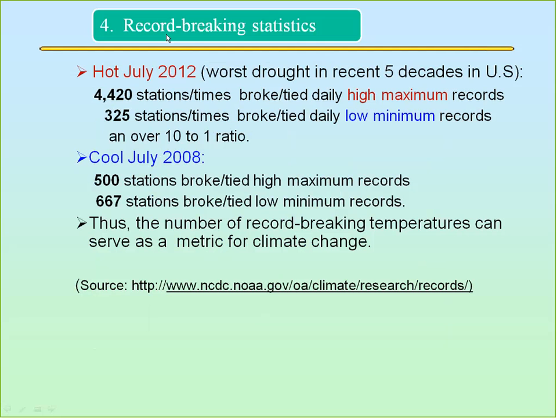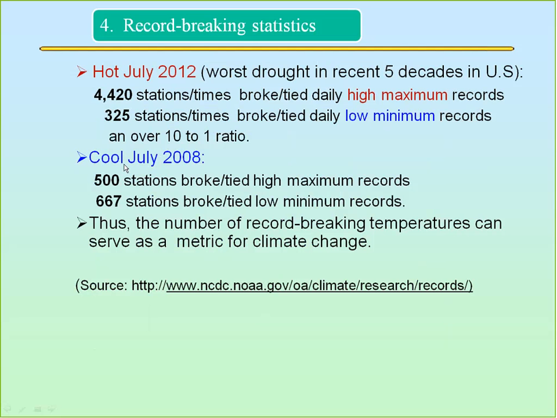Lastly, I will talk a little bit about record-breaking statistics. This summer, there was a drought here in the U.S. In July, there were 4,420 stations that broke their high maximum temperature records, and only 300 broke low minimum temperature records.